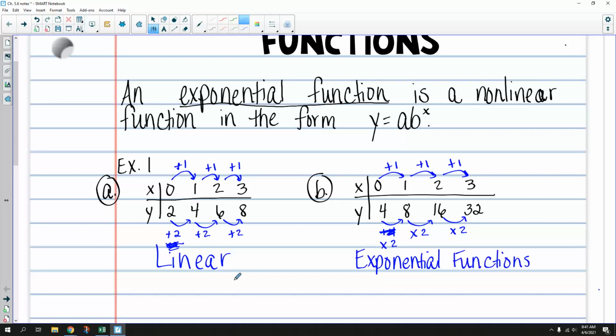So the difference between these two is that linear has a consistent growth. It will always be consistent, but exponential means it is a very fast growth. I always think of, I don't know if you guys have seen the movie Gremlins, but when you drop water on them, they grow exponentially.